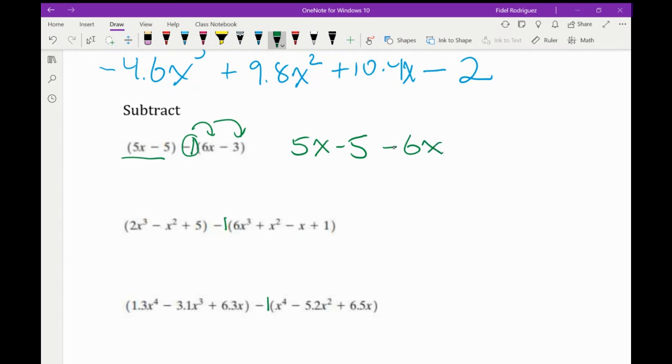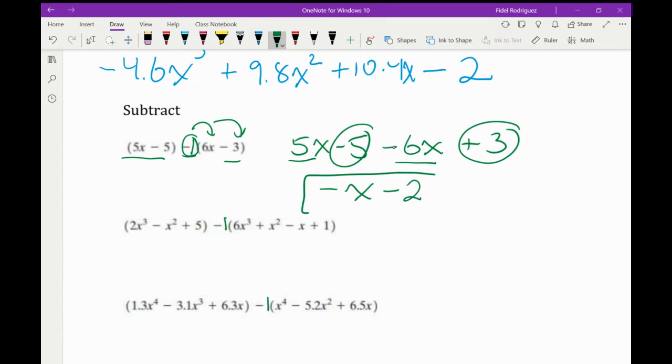That's going to leave me with a minus 6x, and minus 1 times minus 3 is a plus 3. Now I can go ahead and worry about combining my like terms. So 5x minus 6x is a minus x, and then a minus 5 and a plus 3 is a minus 2.